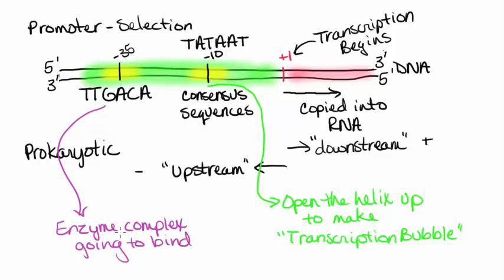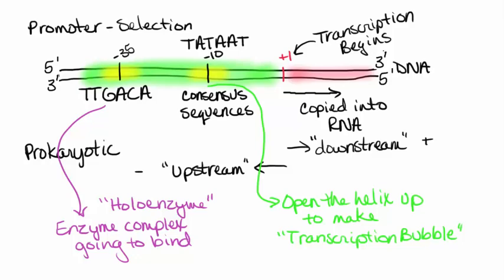For prokaryotic cells, this enzyme complex is referred to as the holoenzyme. So obviously, two important consensus sequences. One of them is going to help recruit the holoenzyme to this particular gene, and the other is going to help us open up the helix so that we will be able to begin the transcription process.